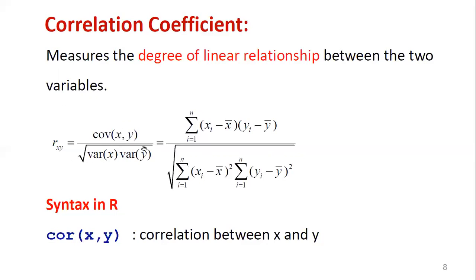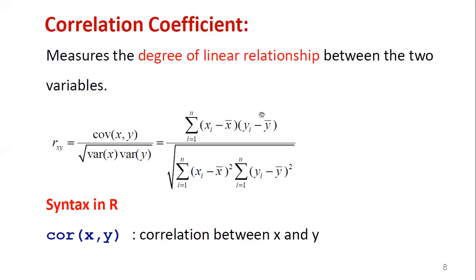By substituting their respective formulas, that is equal to covariance of x comma y, the previous formula, sigma i equal to 1 to n (xi minus x bar) into (yi minus y bar), divided by the square root of the variance formulas for x and y. You can substitute sigma i equal to 1 to n (xi minus x bar) whole square, into sigma i equal to 1 to n (yi minus y bar) whole square.